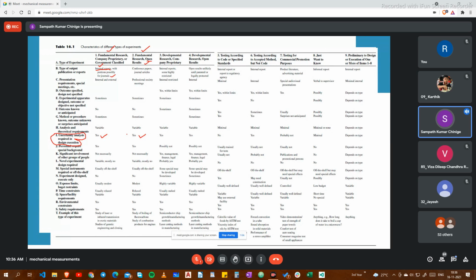Expense limits or budget restraints are in general very generous for this kind of fundamental research, because it generally gives unexpected results. So we generally have modest restraints on budget.